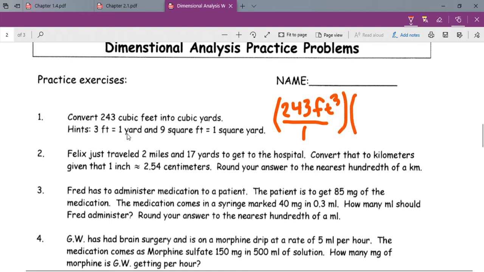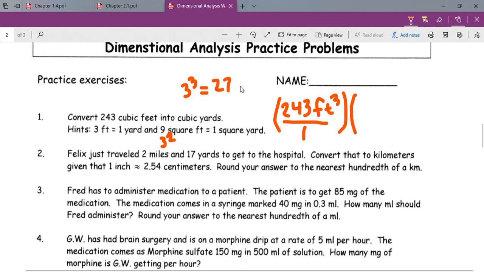If 3 feet is 1 yard, 9 square feet is 1 square yard, we're working with cubics here. So 9 square feet, that's just the same thing as 3 squared. That means to get a cubic yard, our conversion factor here needs to be 3 to the third. Now 3 to the third is 27.